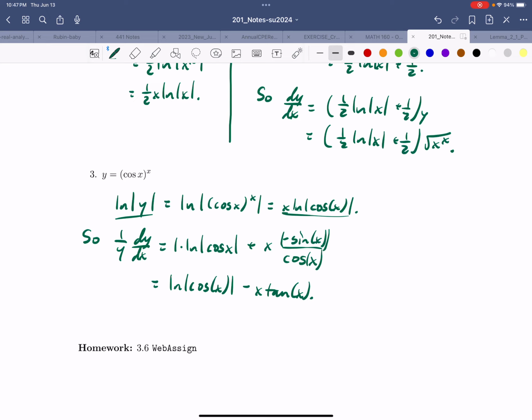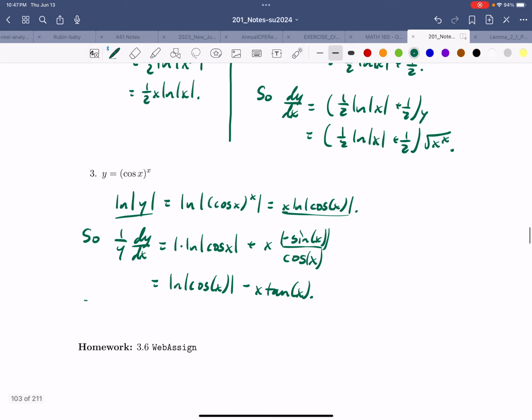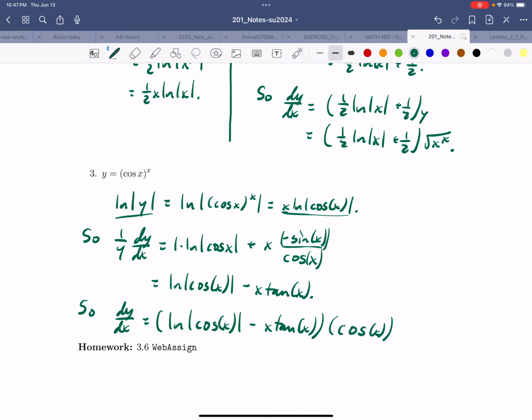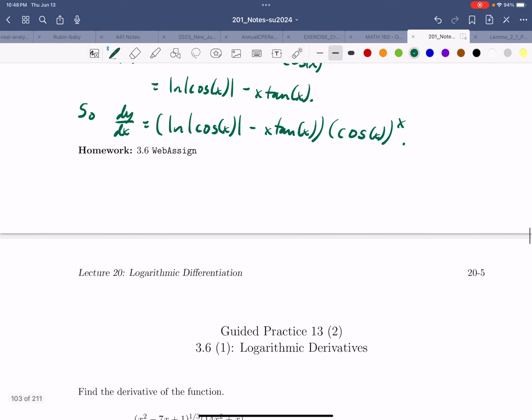So anyway, running out of room here, so I'll just say dy over dx equals all this stuff multiplied by y, which we know equals cosine of x to the x. And we're good.